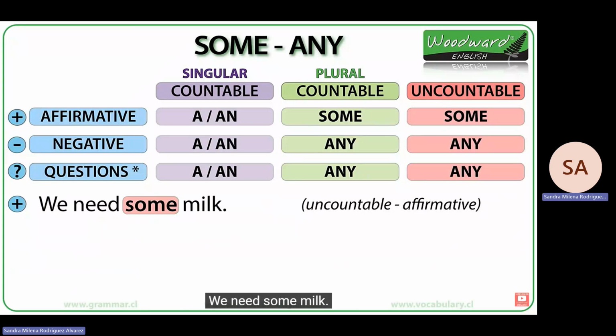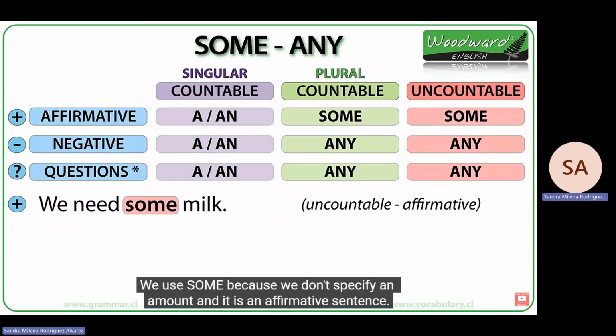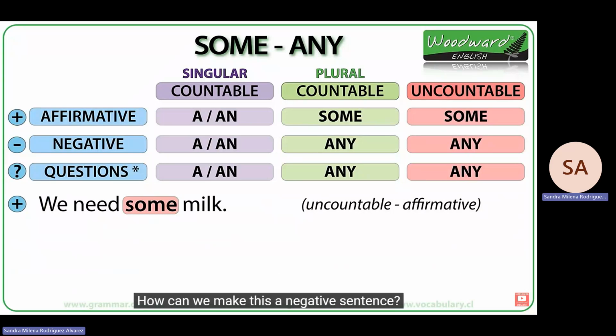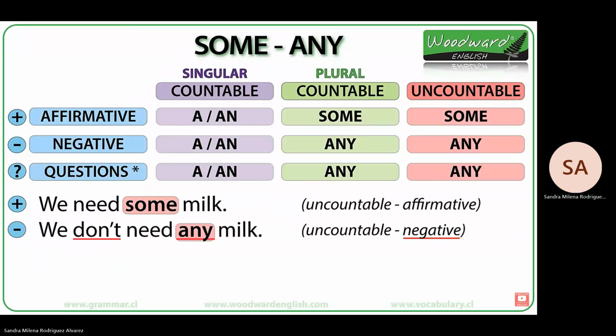We need some milk. We use some because we don't specify an amount and it is an affirmative sentence. How can we make this a negative sentence? We don't need any milk.